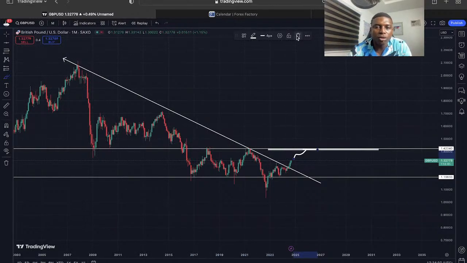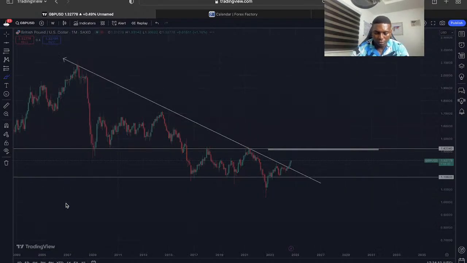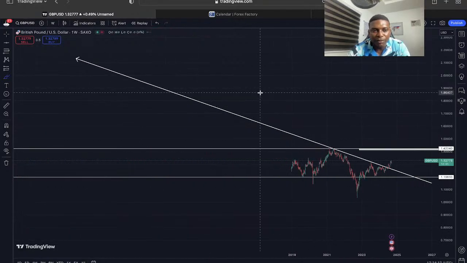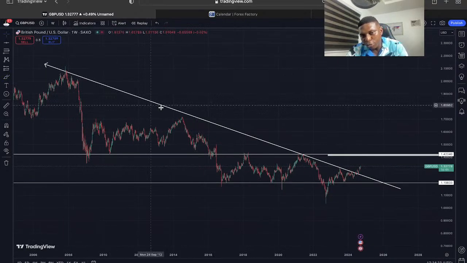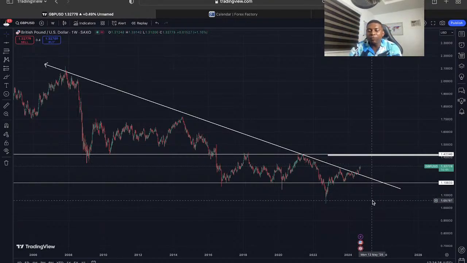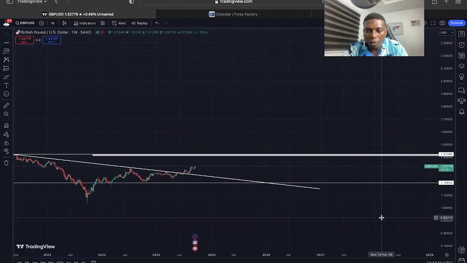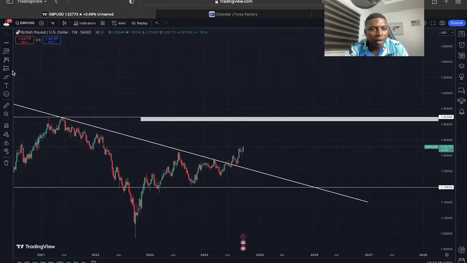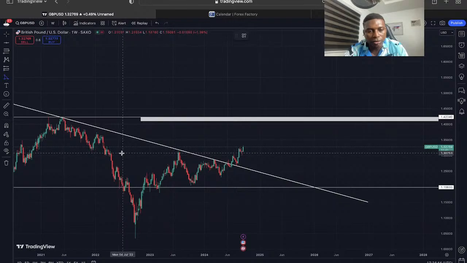So let's go down to the weekly time frame. Now on the weekly time frame, we can see clearly that the overall price movement is a downtrend. However, something is changing. The interesting thing happening here is an ascending triangle.